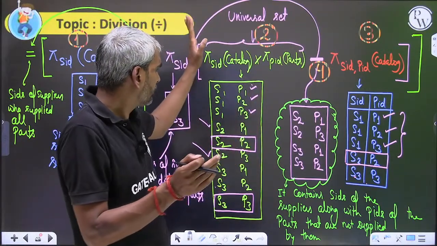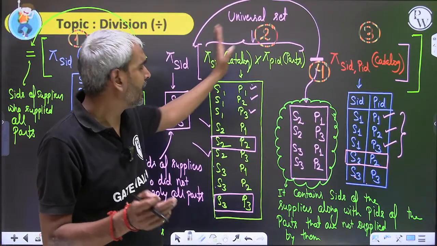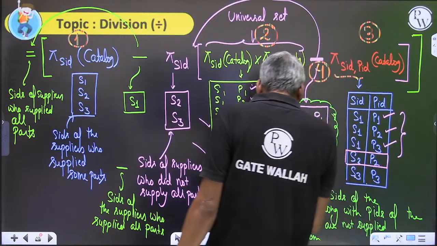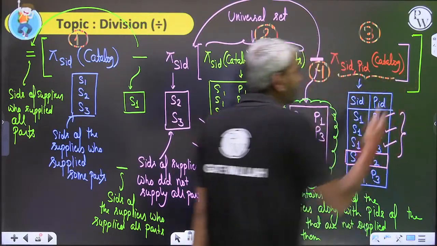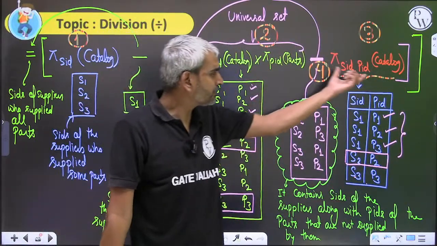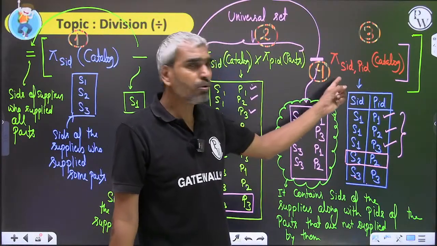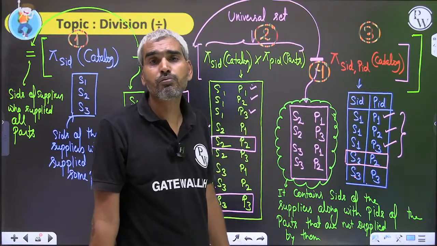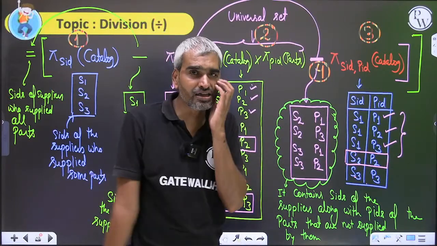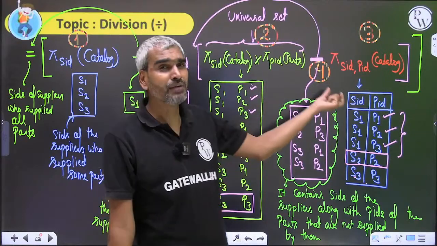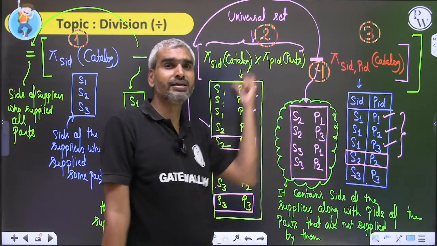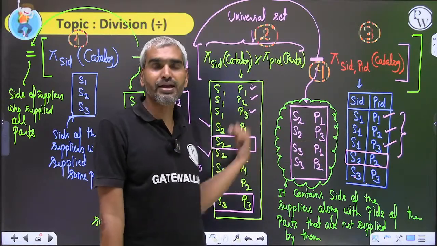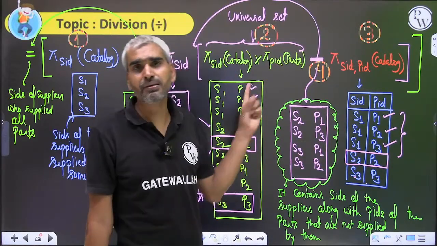So from that relation in which every supplier has supplied every part, you are trying to subtract the information present in the actual catalog table. So basically you are subtracting the information on who has actually supplied what set of parts. After the subtraction, you must understand that in the LHS of the subtraction, every supplier has supplied all parts.